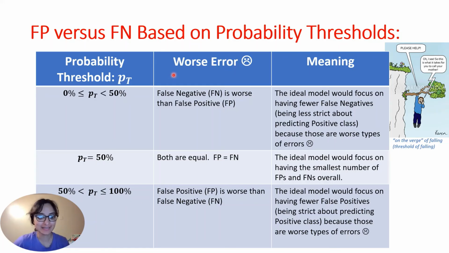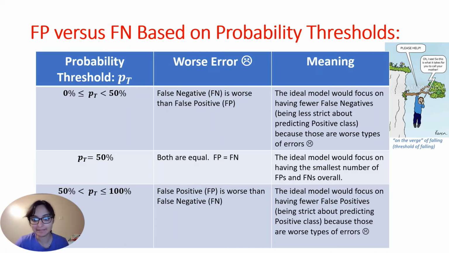So basically, if you're looking at the probability threshold again, how would you interpret it? As I was mentioning, based on the formula, anytime your probability threshold is less than 50%, then you're essentially saying that a false negative is worse than a false positive, and that proportion will be based on that calculation of PT over 1 minus PT.